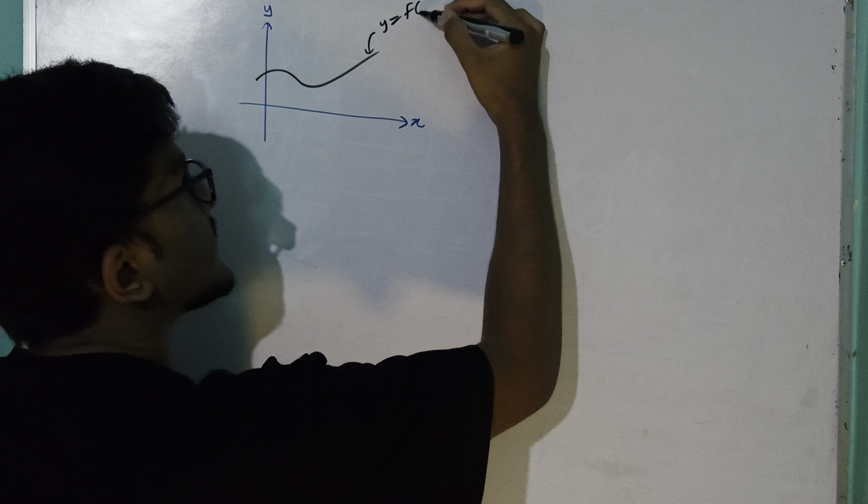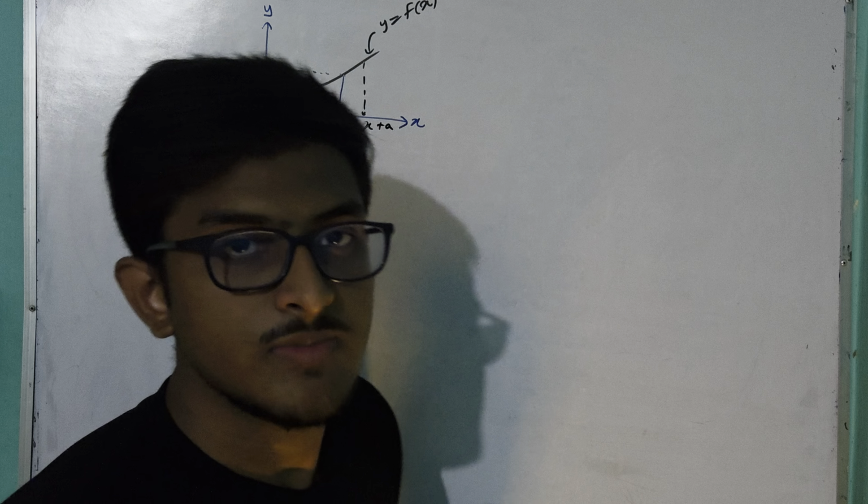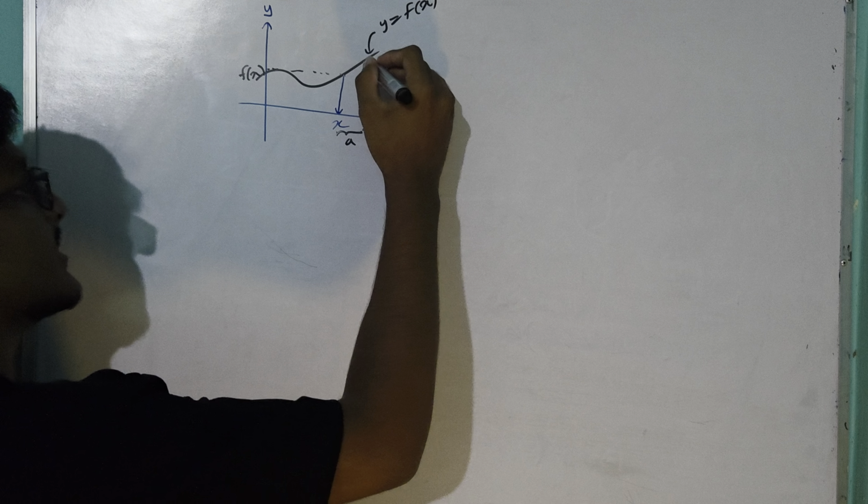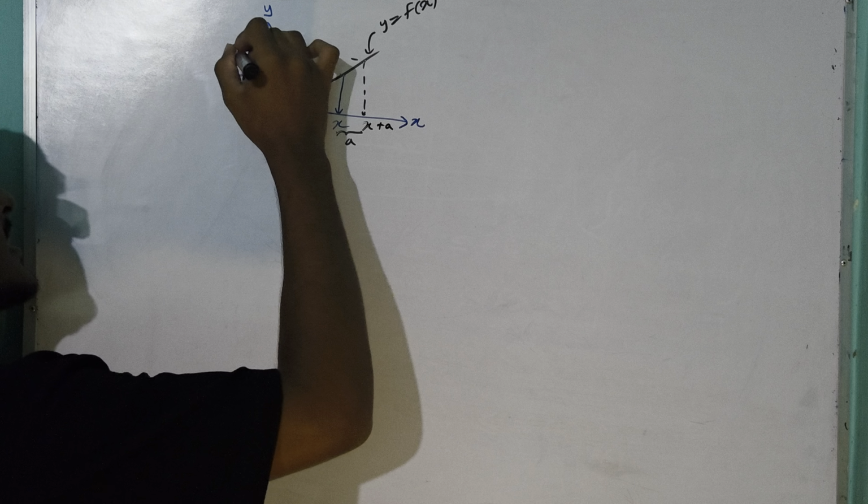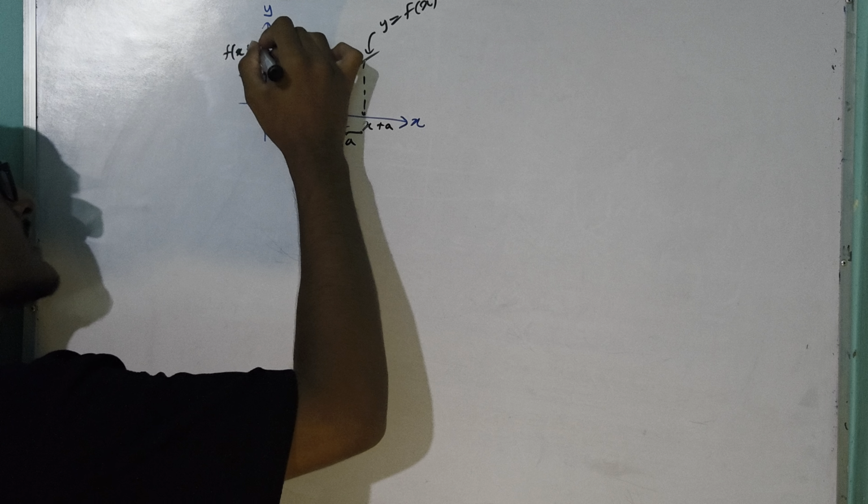So I'm going to go a distance of a like that, and then the coordinate right here would be x plus a, and then automatically this is going to be f of x plus a, isn't it?